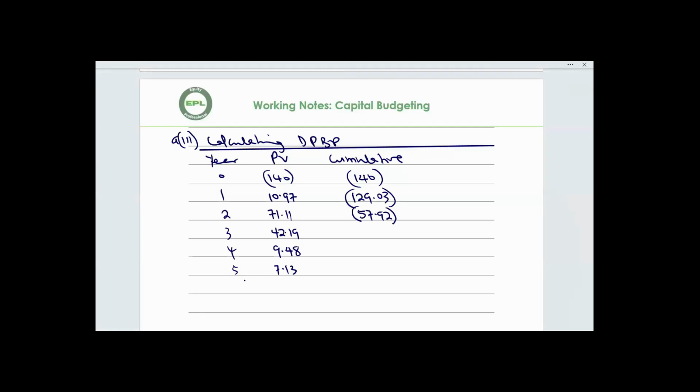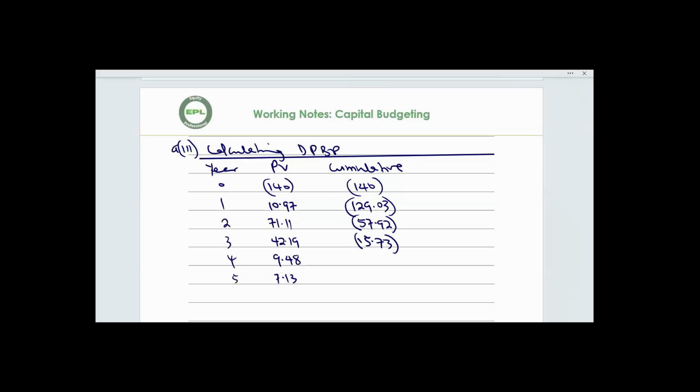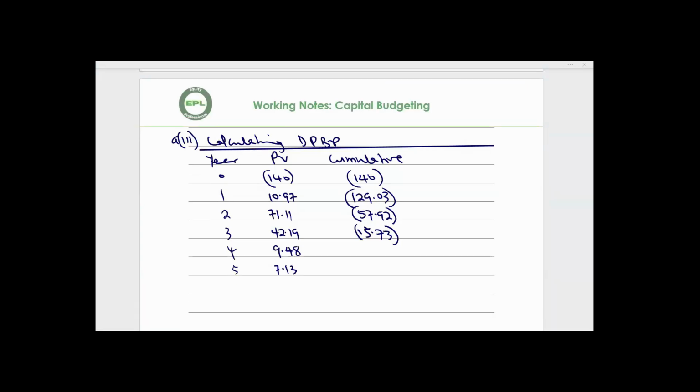So from my calculator, 57.92 minus 42.19 equals 15.73. Okay, so 15.73 minus 9.48 equals 6.25.